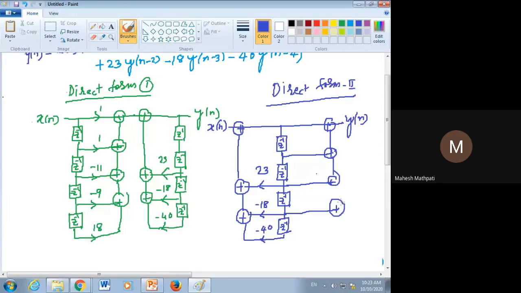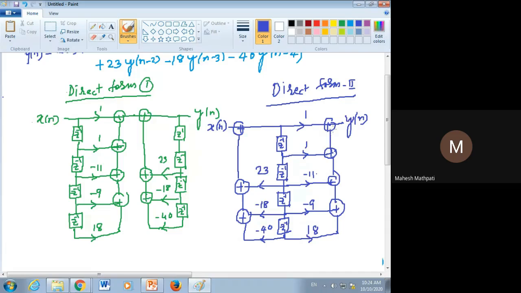This is the order again. We have finally got it like this. The multipliers are, this is 1, and this is again 1, and this is minus 11. Connect this here. Then again this is minus 9, this is 18, right?